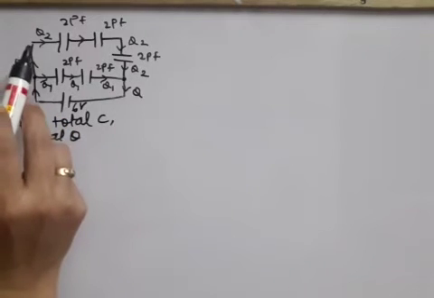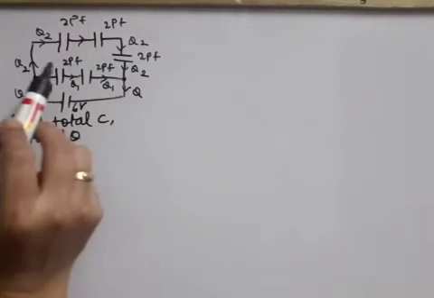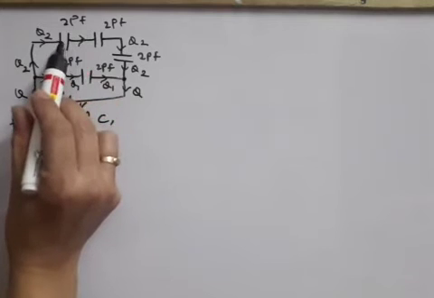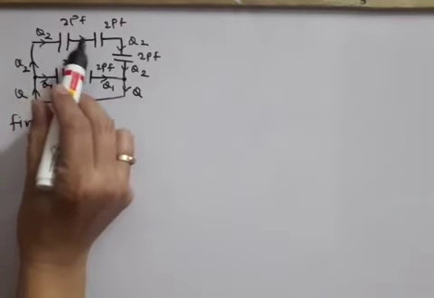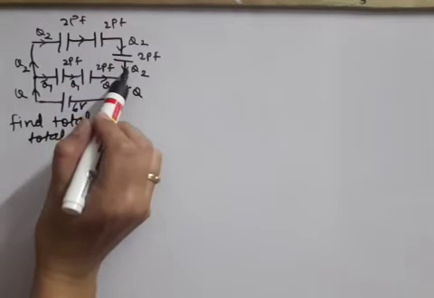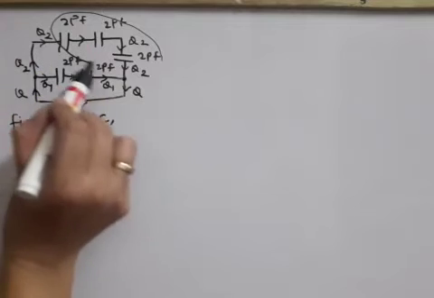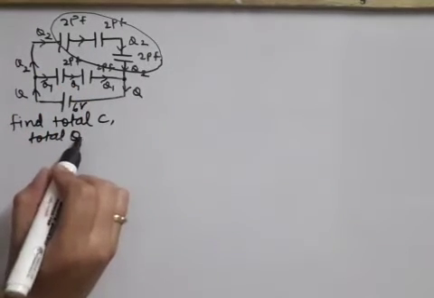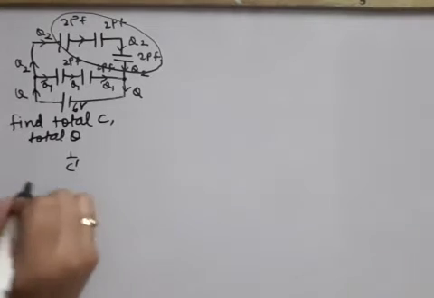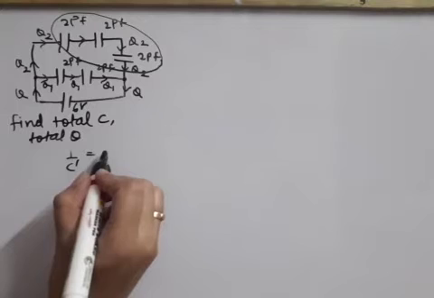Now we have to see that how many capacitors are carrying the charge Q2 and how many are carrying the charge Q1. So you see now, if we see the upper branch, this capacitor and this capacitor, they all are carrying the charge Q2, that means same charge. So these three capacitors are in series. So what is the net capacitance? Suppose we call it C dash. So series network is solved by reciprocal formula.